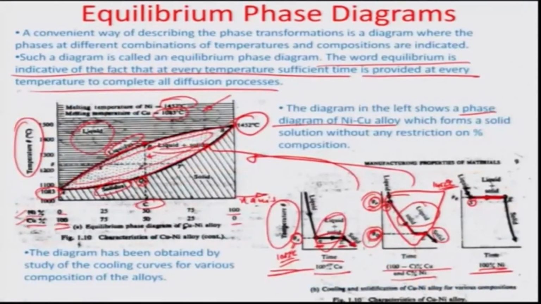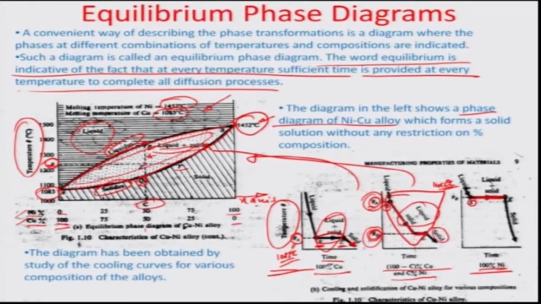Let us look back. This is the xz line corresponding to a particular temperature theta. So we can think of it as if the nickel has already solidified at the temperature theta, because obviously the melting point for the nickel is 1452 degrees Celsius.